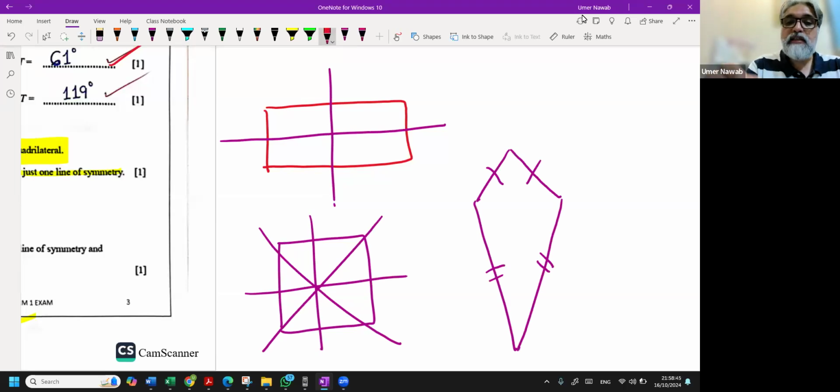Interesting thing is this is the only quadrilateral which has only one line of symmetry, and its order of rotation is 1, because if you rotate it 360 degrees, it will repeat only 1 time when it comes back to its original position.